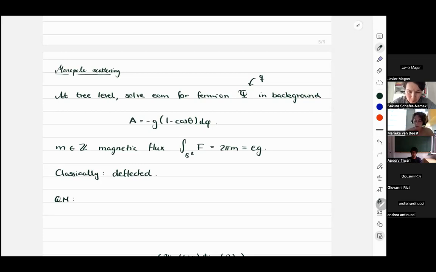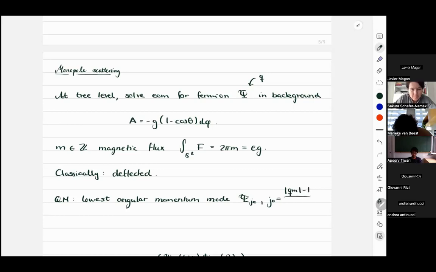Quantum mechanically, it turns out that when you solve this problem, of course, it's useful to do an angular momentum decomposition because we have spherical symmetry. And then it turns out that the lowest angular momentum mode, so we can call that psi J0, where J0 is given by Qm minus 1 half.